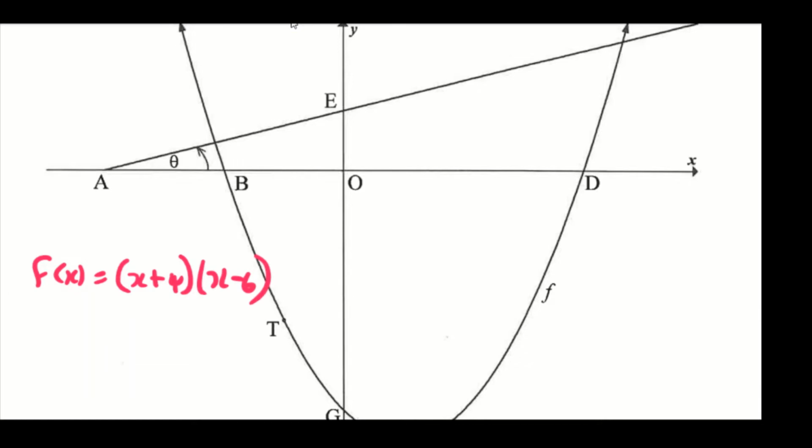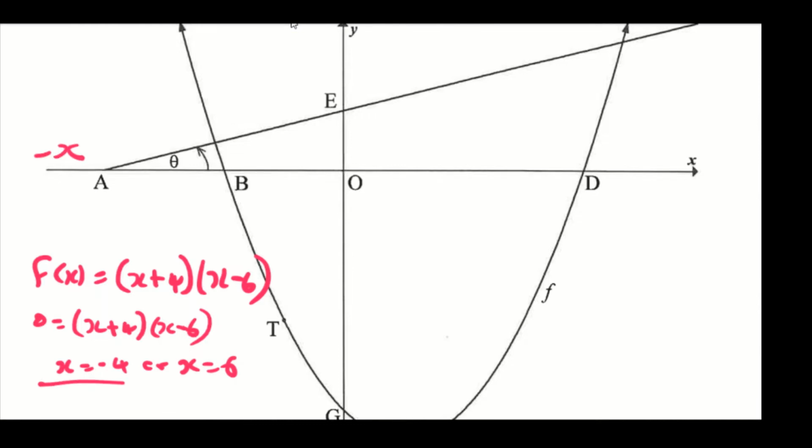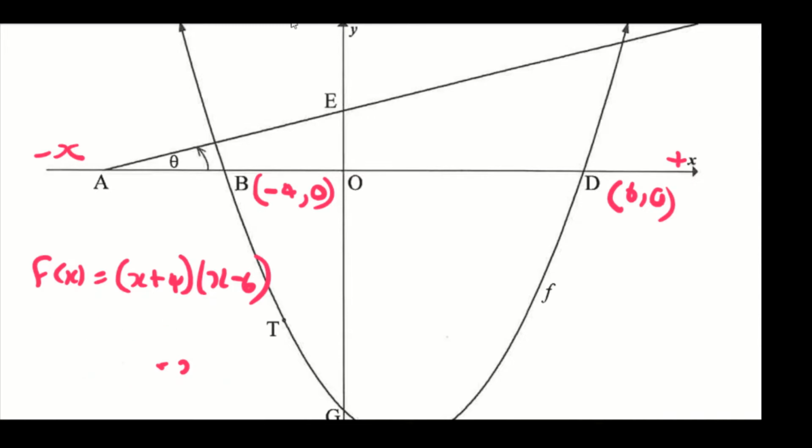If we find the x-intercepts, where y equals 0, we're going to get x = -4 or x = 6. Because here we have negative x values and here positive x values, B is going to be (-4; 0) and the coordinates of D would be (6; 0). So that's how we find the coordinates of B and D.